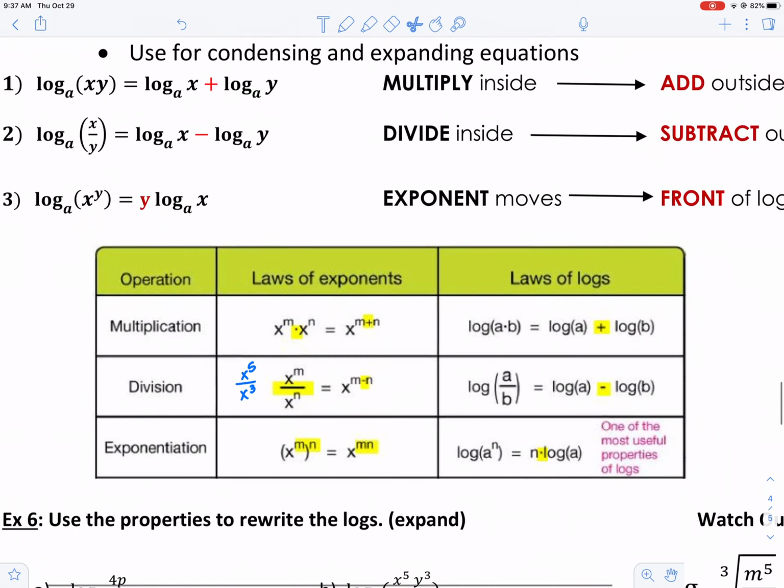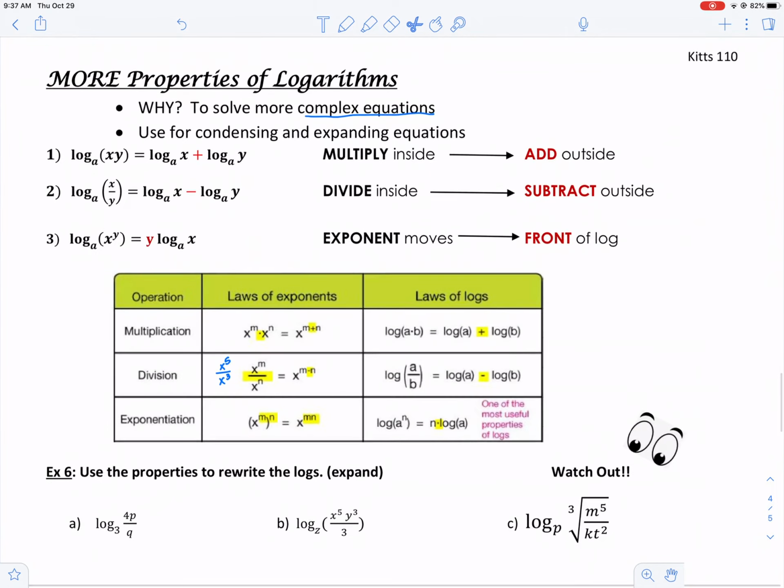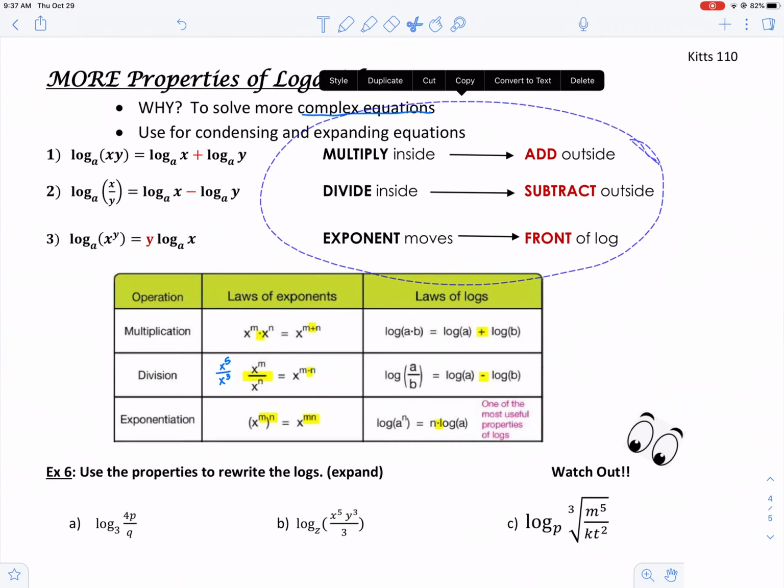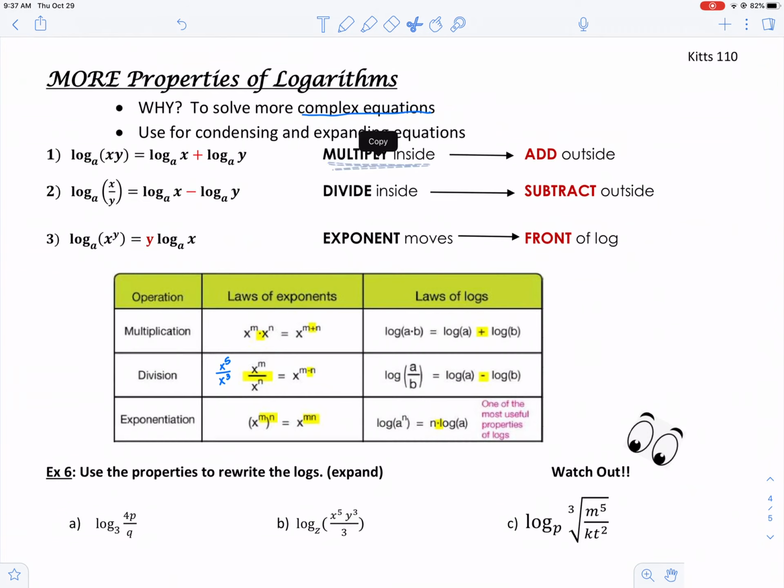Okay? So the exponent just moves to the front of the log. So here's our main 3 rules. If you are multiplying, you can expand it by adding. If you're dividing, you're going to expand it by subtracting. And if you have an exponent, you can just move it out in front of the log.